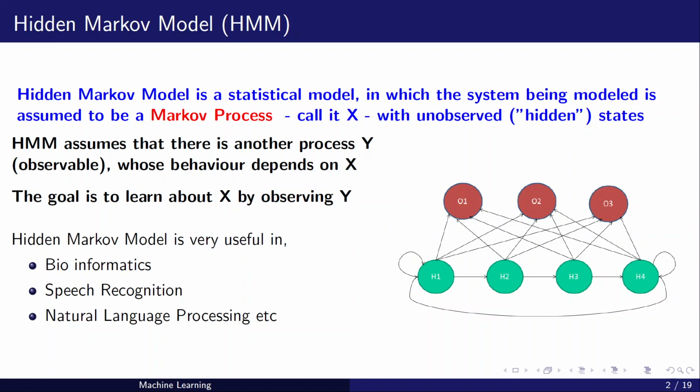So a hidden Markov model contains two types of variables. The first type is part of a Markov chain, which is X, which is hidden, whereas the other set of variables are observable variables, which we call Y. So given the observed variables, you are supposed to find out the value of X.